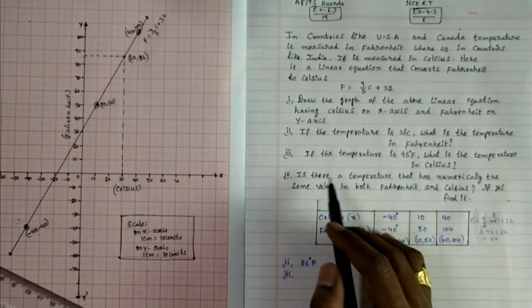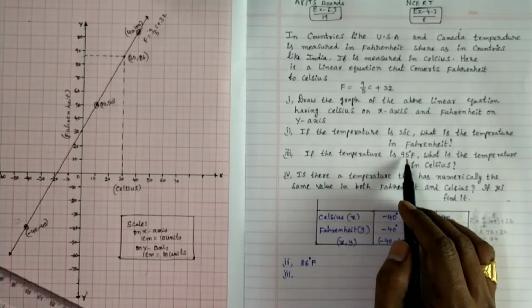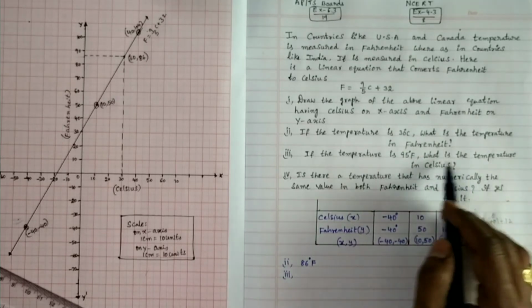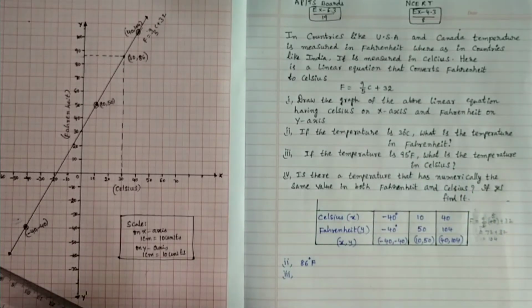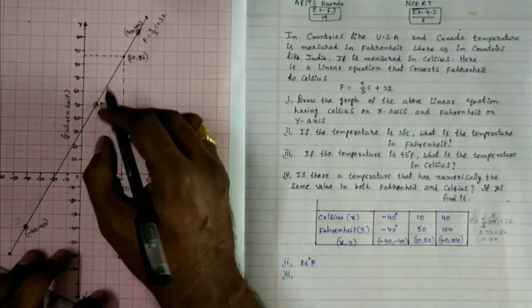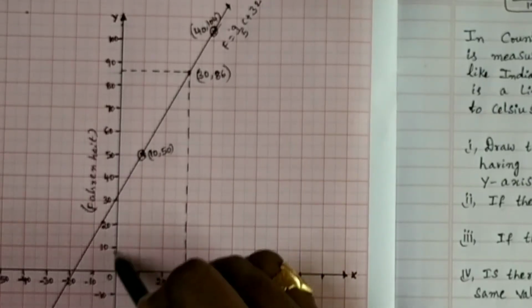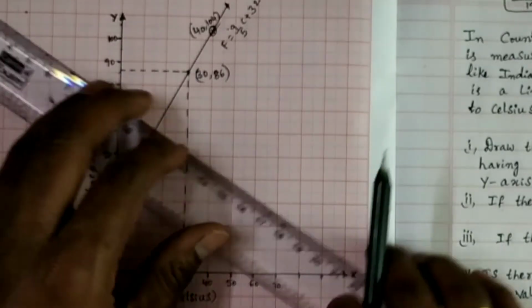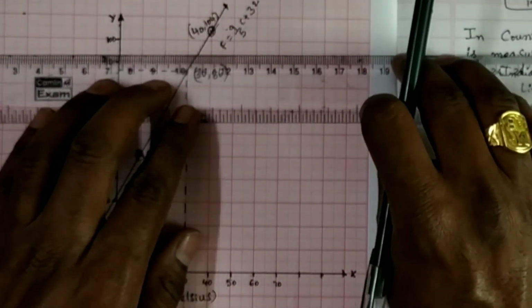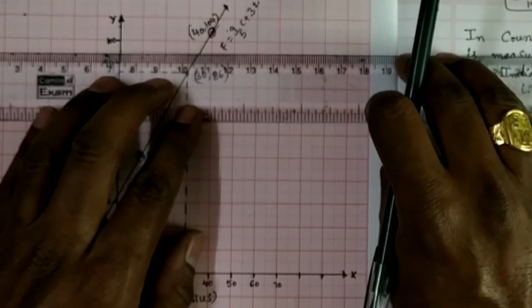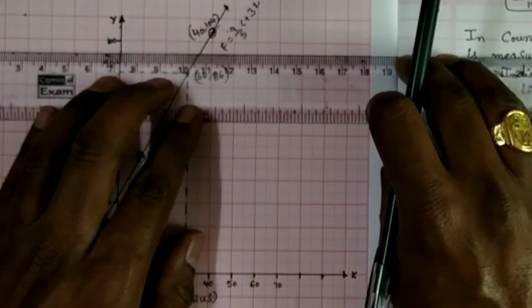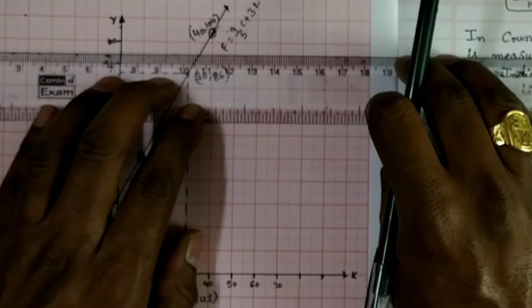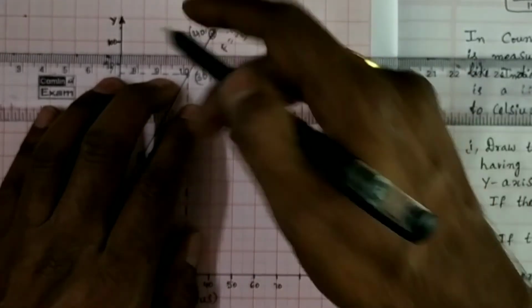Come to the third question. If the temperature is 95 degrees Fahrenheit, what is the temperature in Celsius? The y-axis represents Fahrenheit, so check 95. This is 90, so the middle line is 95. Draw a dotted line to the graph line from 95 degrees Fahrenheit.